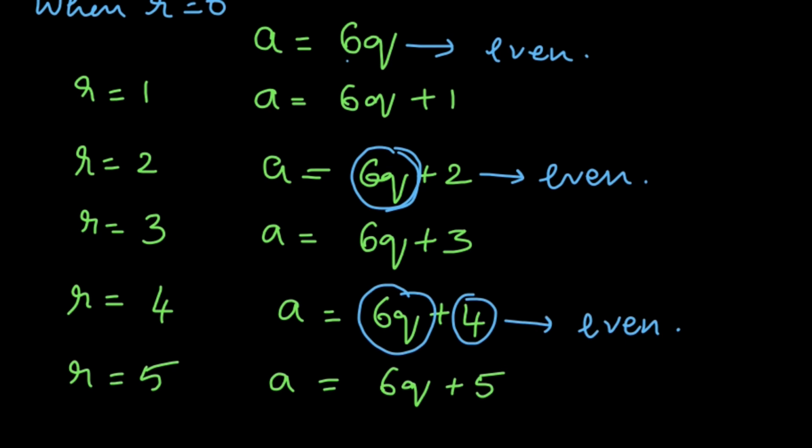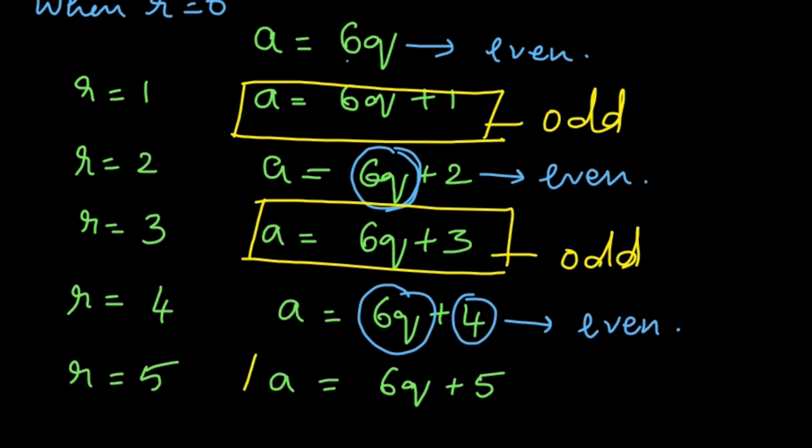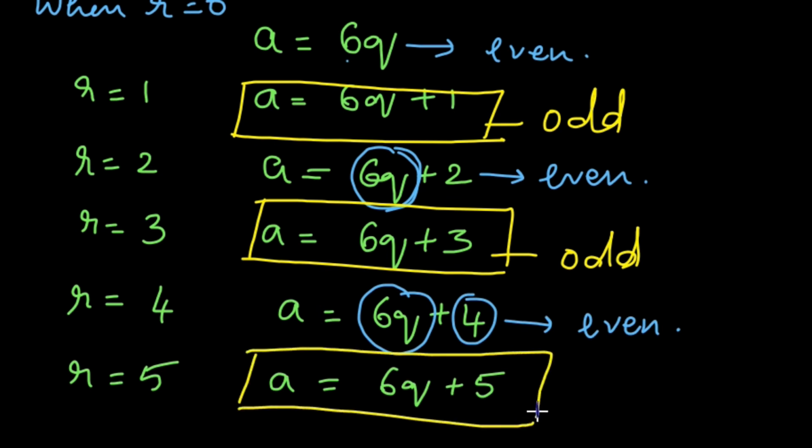Therefore, these numbers, that is 6q plus 1 is odd, this number is odd, this number is odd. Hence, this is what we need to prove, that a is any odd positive integer is of the form 6q plus 1 or 6q plus 3 or 6q plus 5.